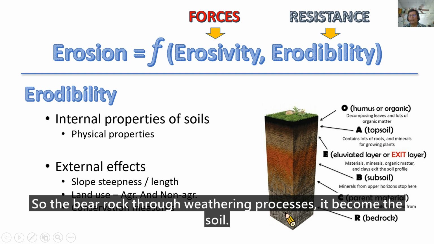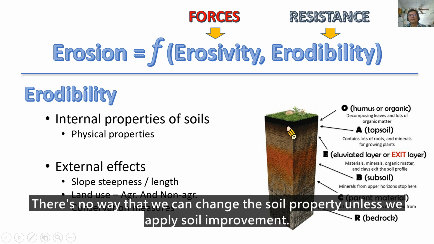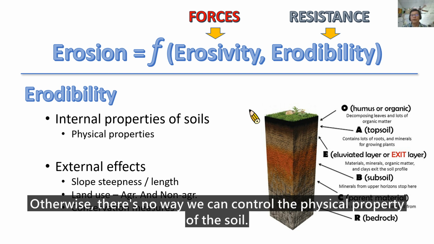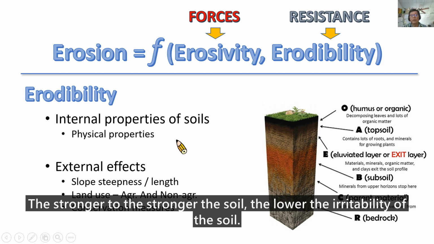So the bedrock, through weathering processes, becomes the soil. There's no way that we can change the soil property unless we apply soil improvement. Otherwise, there's no way we can control the physical property of the soil.